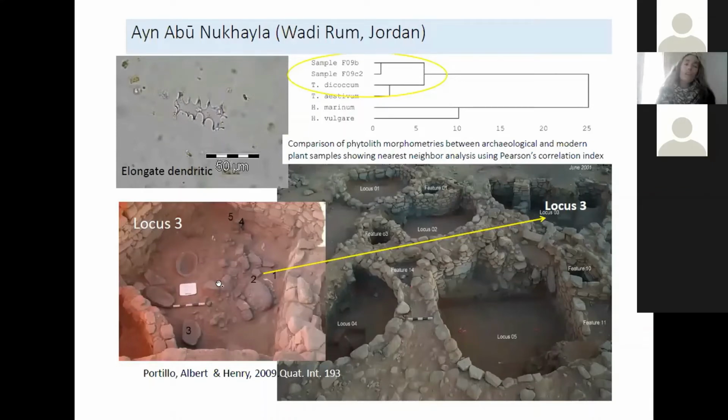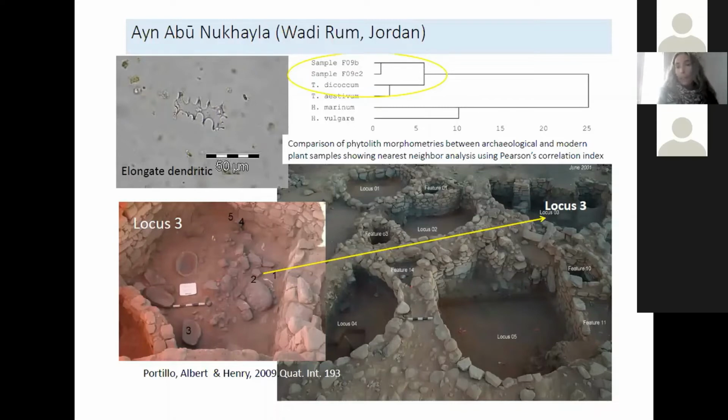And interesting was that we found the concentrations in the soils, and these concentrations were overlapping with the location of the grinding stones. And with phytolith morphometrics, we were able to identify to species level, measuring these characteristic elongate dendritics, which are produced in the inflorescence of grasses, particularly in the glumes.